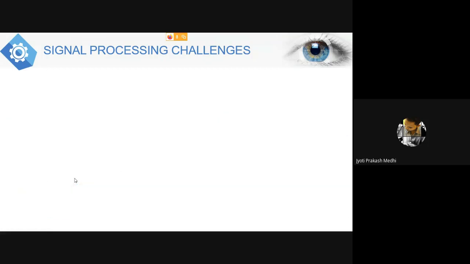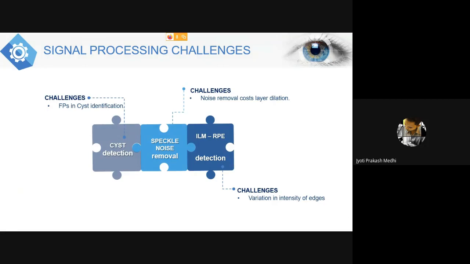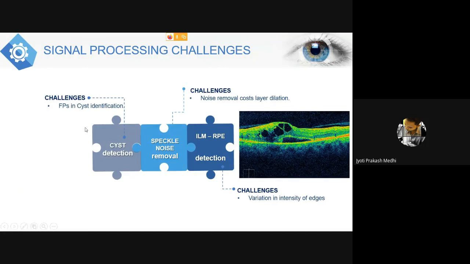Now moving on to the challenges of OCT detection. For OCT detection, we have three stages as we have identified earlier: first the speckle noise removal, then ILM and RPE layer detection, and cyst detection.